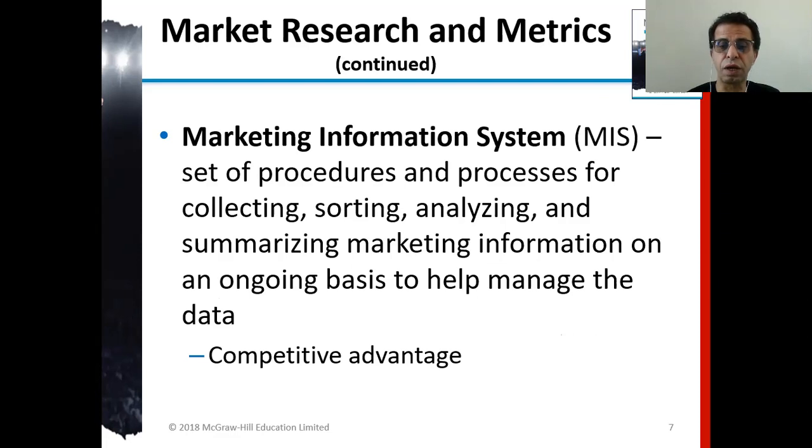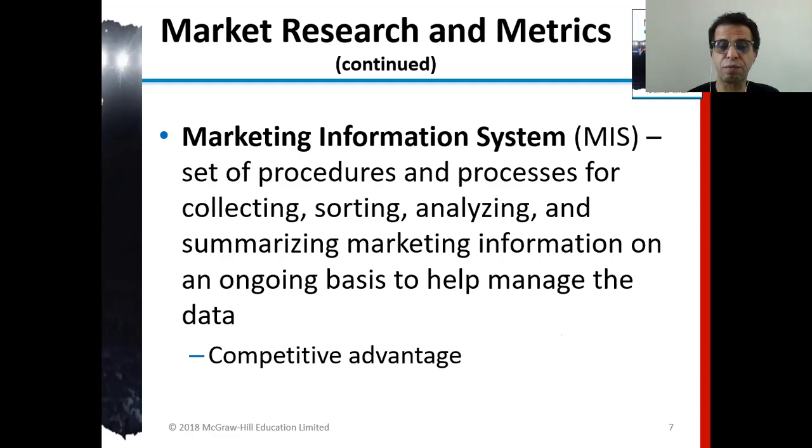There's something called MIS, which is Marketing Information System in the field of marketing. In the field of IT, MIS is Management Information System, but here it's called Marketing Information System.